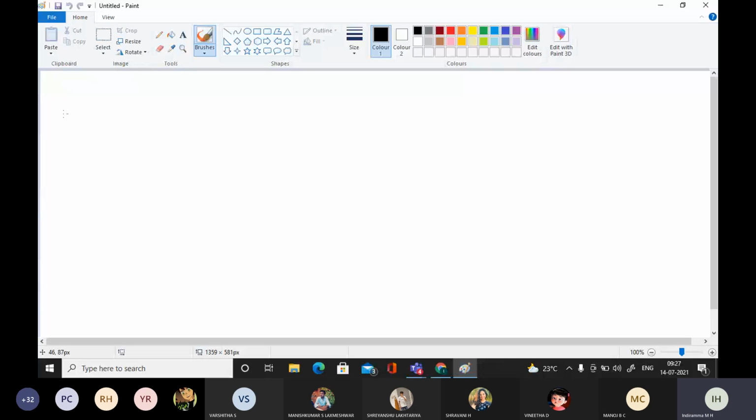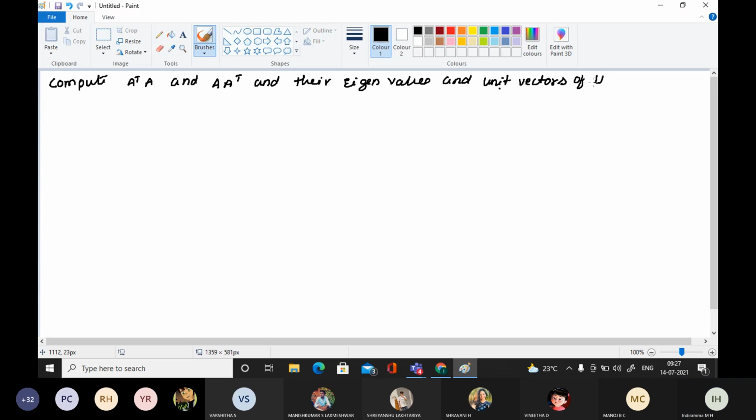Take down. Compute A transpose into A and A into A transpose, and their eigenvalues, and unit vectors of V and U. Then check A V is equal to U into sigma.